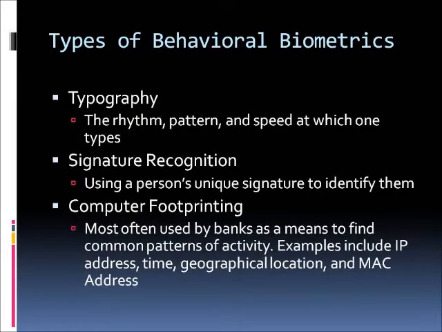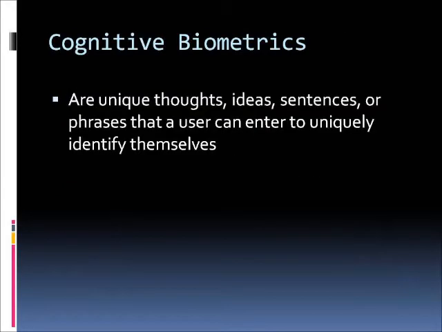Behavioral biometrics uses a person's natural habits to identify them. Habits such as the way they type or the way they sign their signature. Computer footprinting is also a type of behavioral biometric technology in which IP address, geographical location, MAC address, time of day, date, and more can be monitored to study your computer habits as a way to identify you.